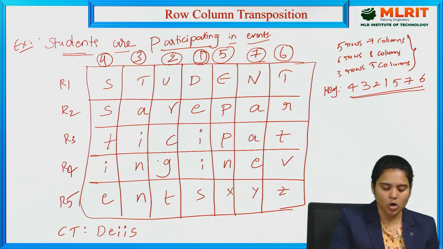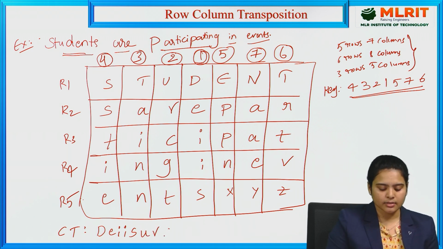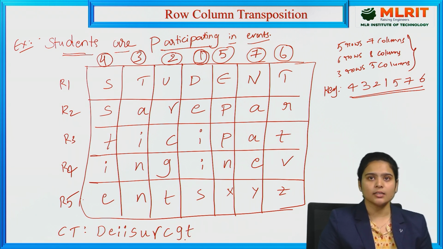The next, second column: U, R, C, G and T. This is the second column.